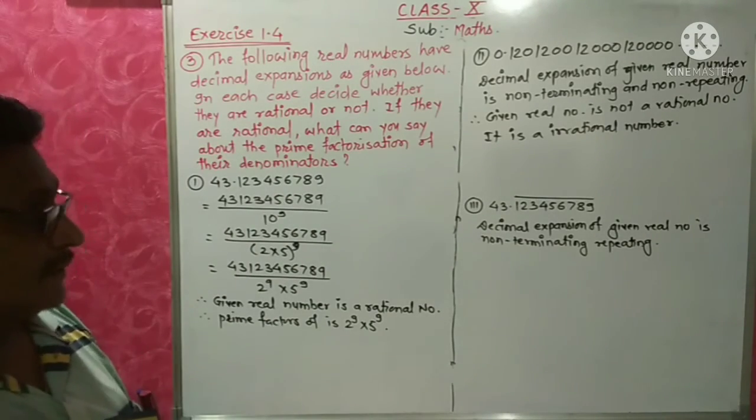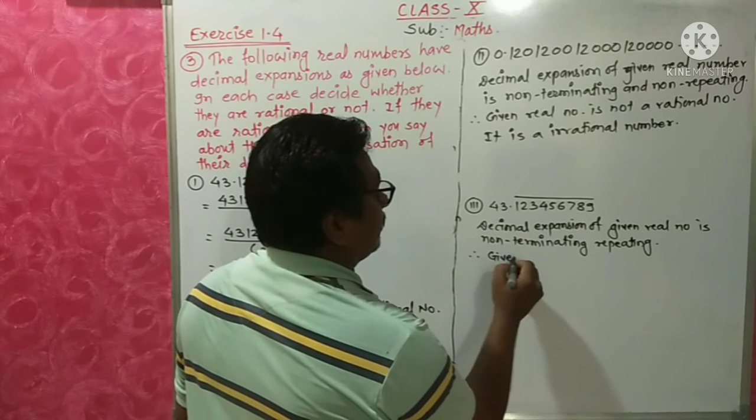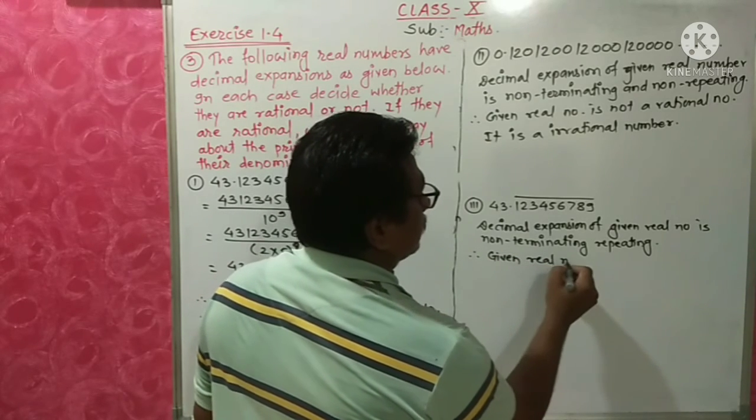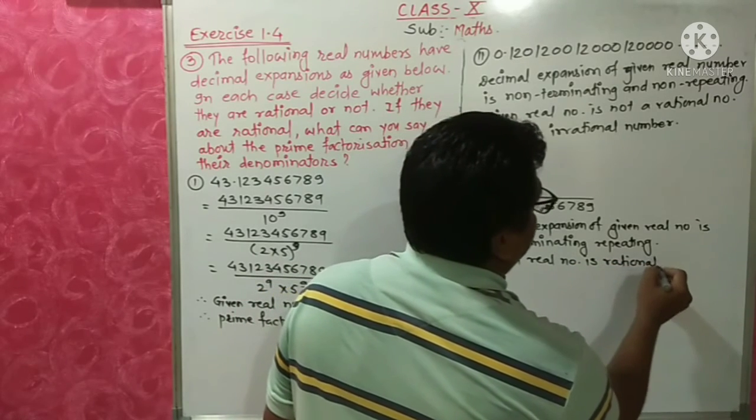So what can we say? Therefore, the given real number is a rational number.